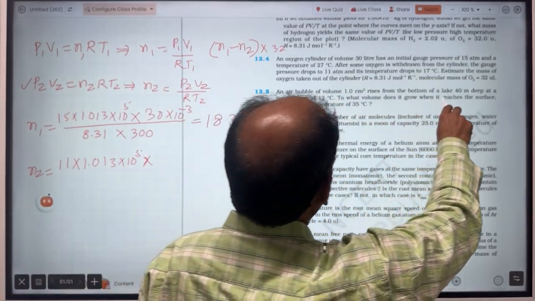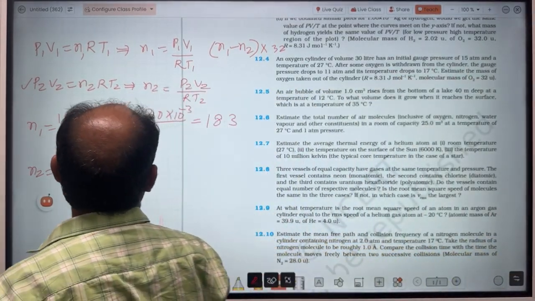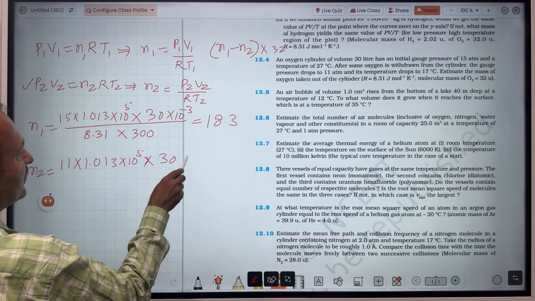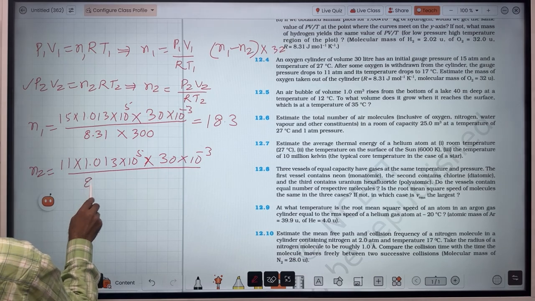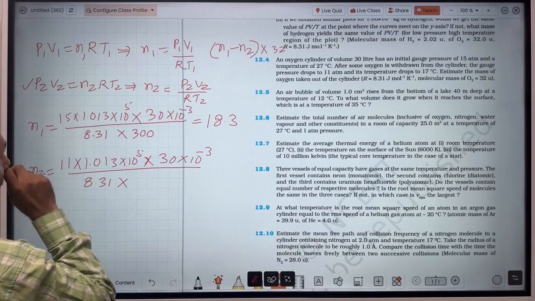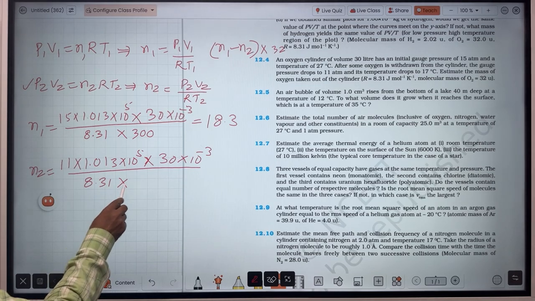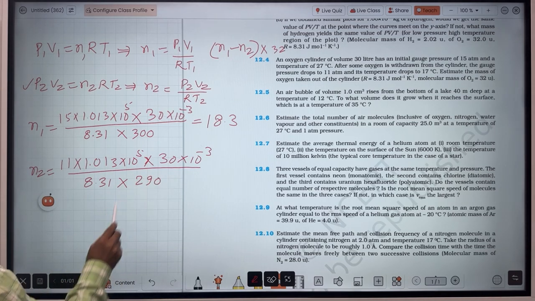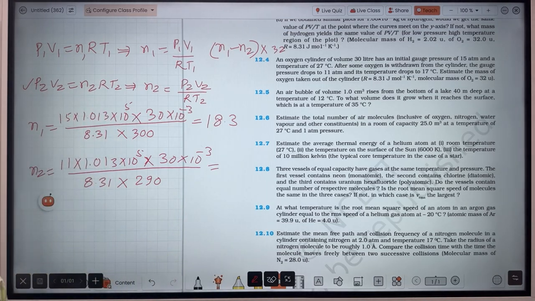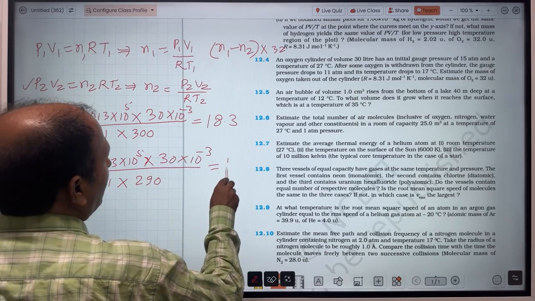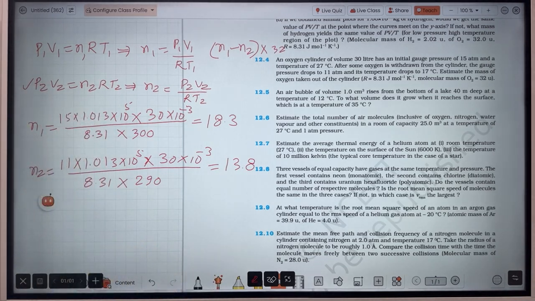What is V2? 30 liter. Since gas remains in the same cylinder, it will remain 30 into 10 to the power minus 3, divided by gas constant 8.31 times temperature. 17 means 10 degrees less, so this is just 290, right? So again we evaluate it. It will come out to be 13.8 moles. Right. So we have got N1 and N2.